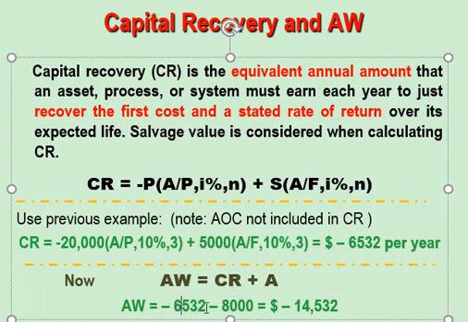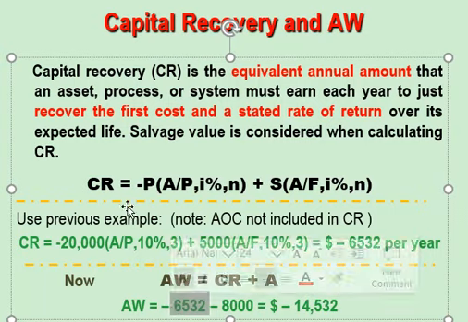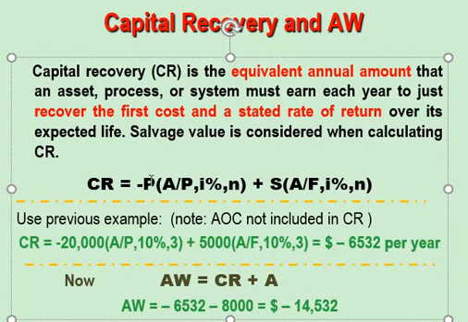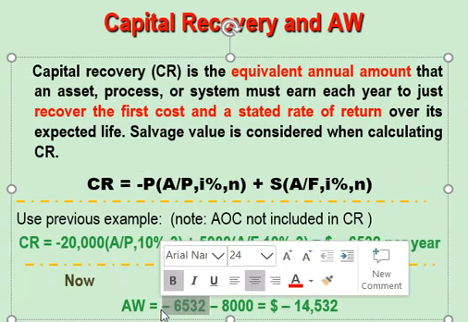So what does this amount represent? It represents all the money, the money now and the money I'm going to make in the future because of the salvage value, and I transfer them to the A domain, which is the annual, per year. This is my payment per year. If there is any extra payment, then I have to add it.